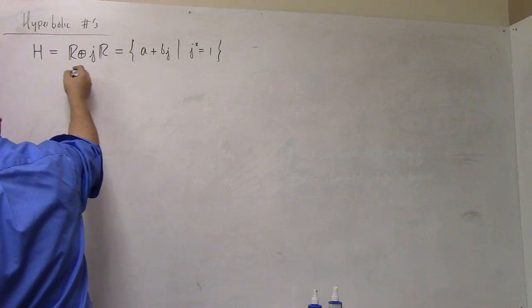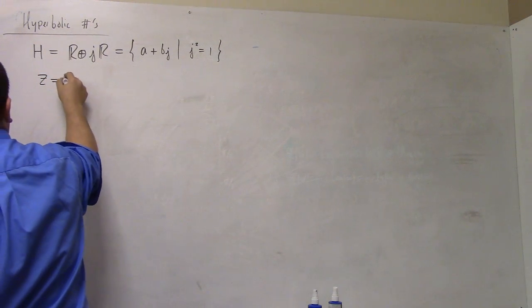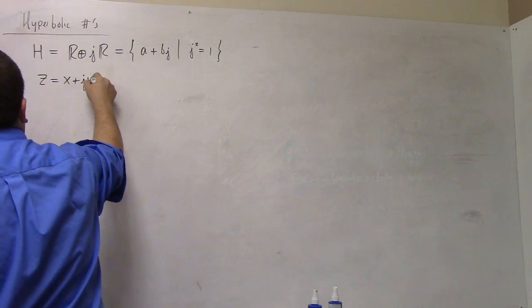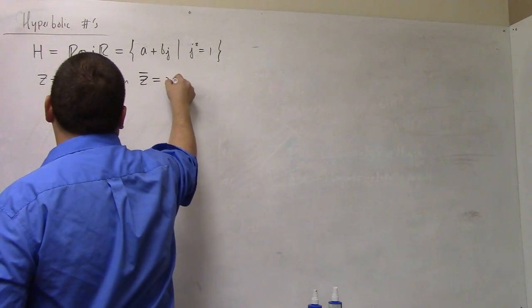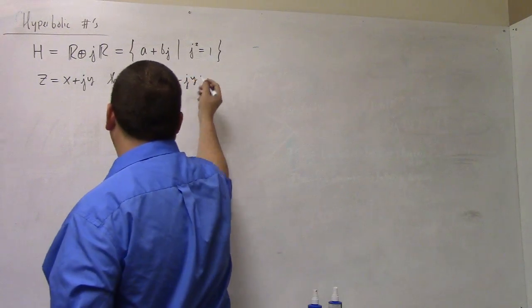There is a notion of conjugate here. If I say z equals x plus jy, then z bar is x minus jy.